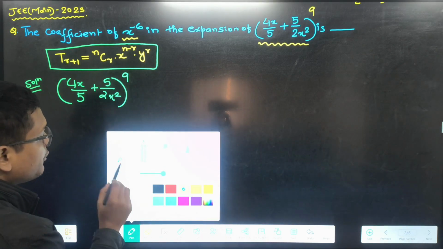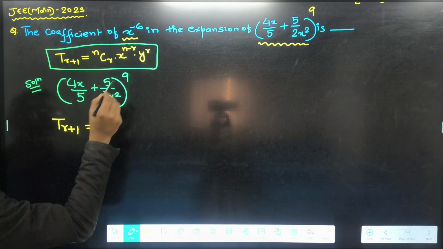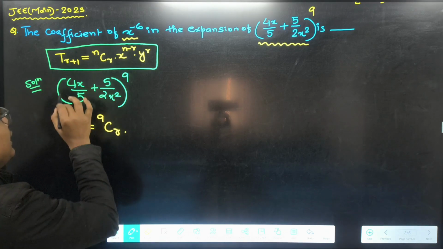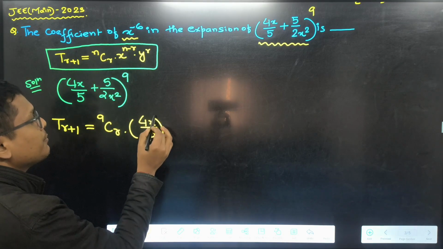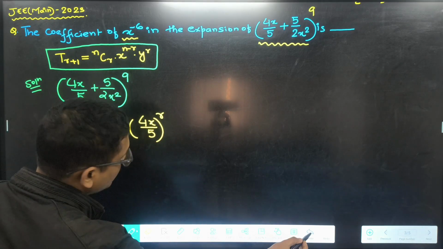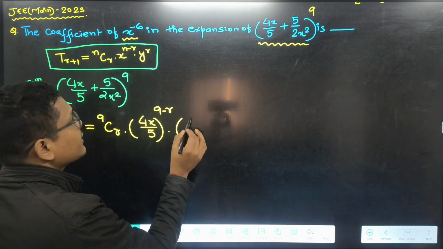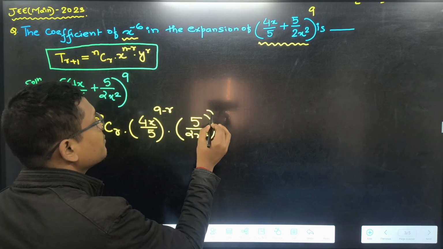If we write the general term T(r+1), the value of n is 9, so it is 9Cr, and the first term is 4x by 5 to the power n minus r, and here n is 9, so it will become 9 minus r, and the second term 5 by 2x square will be to the power r.